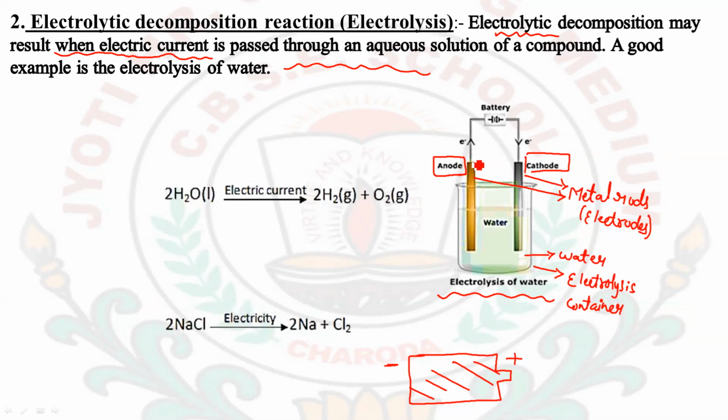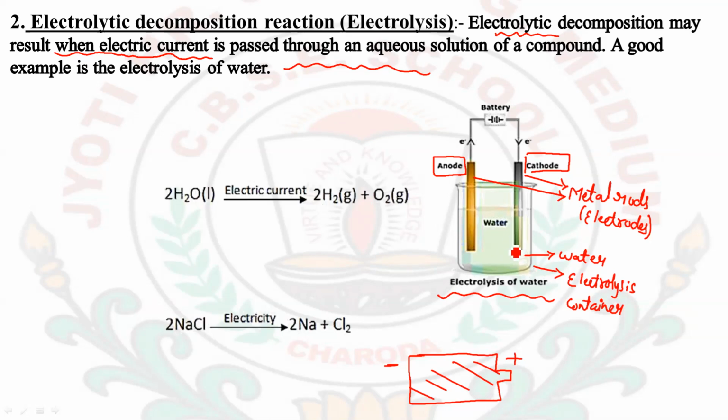Always the electricity flows from anode to cathode. It means the direction of electric current will be from anode towards the cathode. Remember this. The metal rods are not directly connected to each other, but water is there, and you know that water is a very good conductor of electricity.